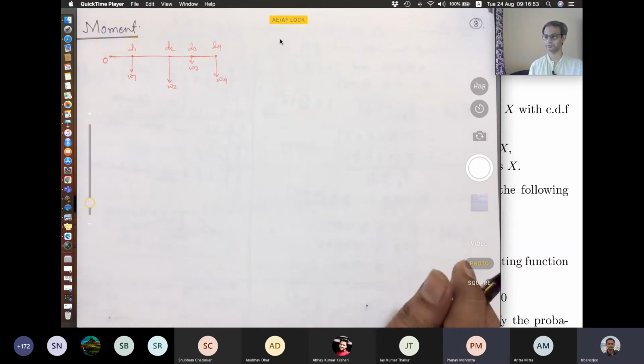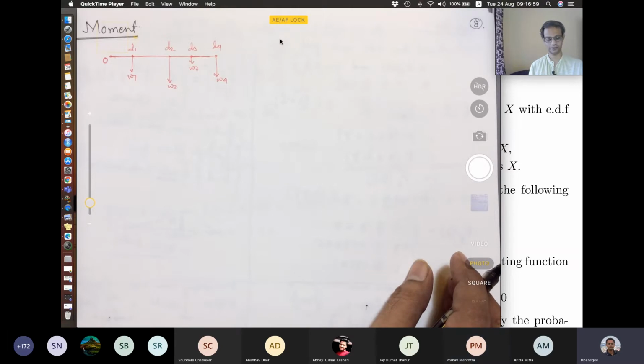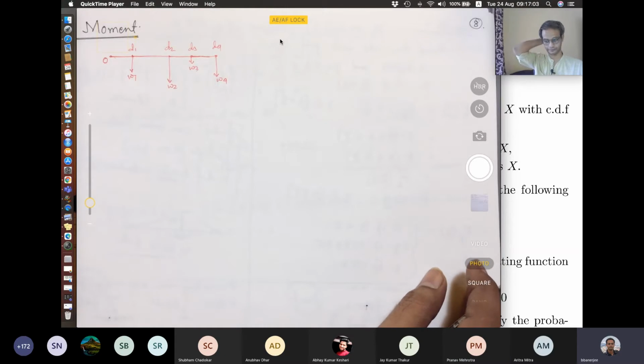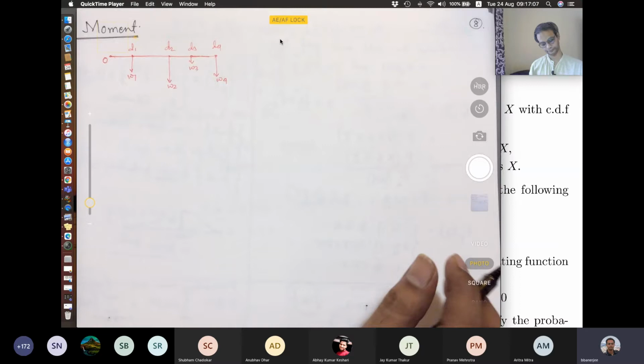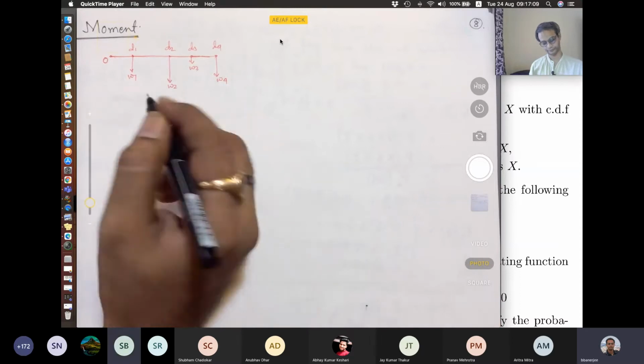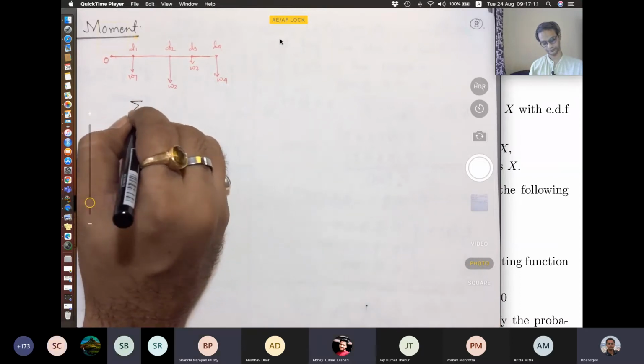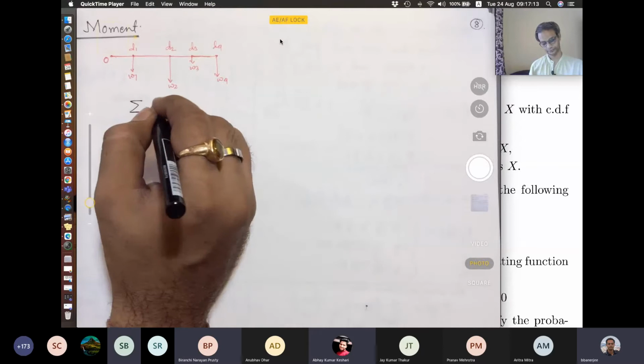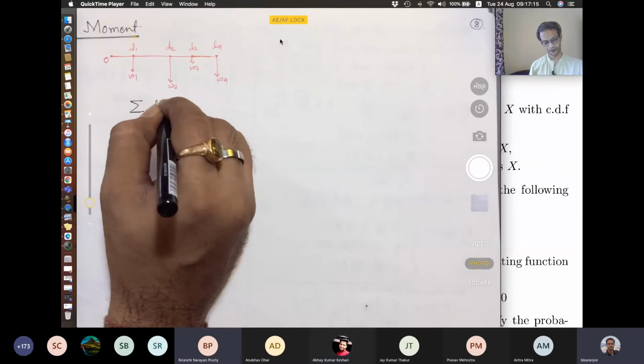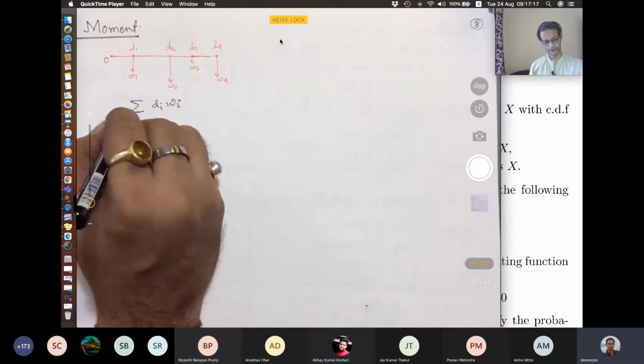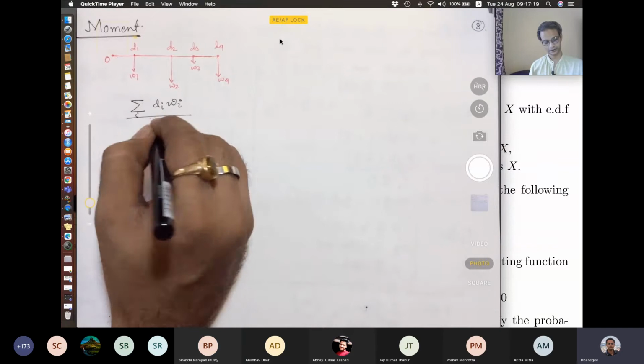Somewhere between D1 and D4, definitely. And what will be the formula for that? Summation W_i D_i divided by summation W_i.